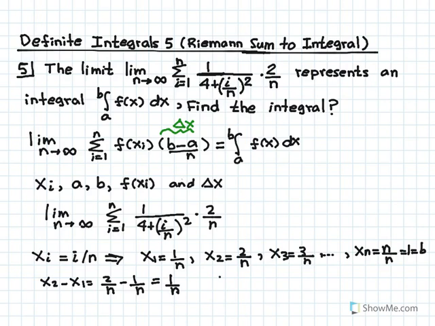More generally, delta x is equal to xi minus the previous x value, xi minus 1, that is i over n minus (i minus 1) over n, and subtracting these two fractions comes out to 1 over n. That is delta x. So delta x is equal to b minus a over n, which is equal to 1 over n.